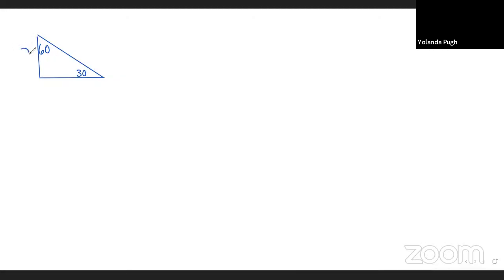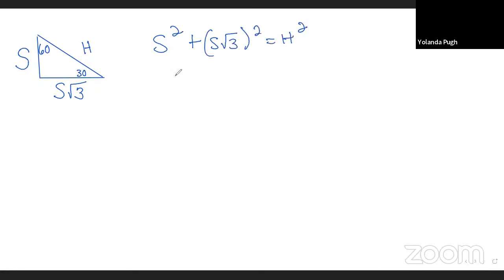So if we use S for a short side, and S times the square root of 3 for a long side, and if we say that our hypotenuse is h, then we can have S squared plus S the square root of 3 squared, and that is equal to h squared.